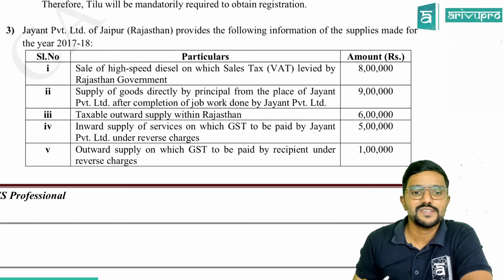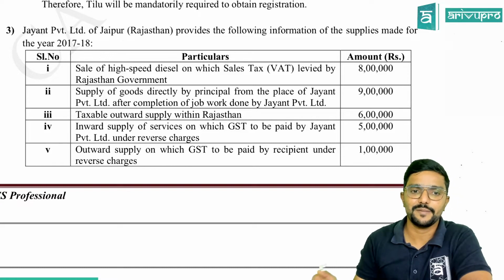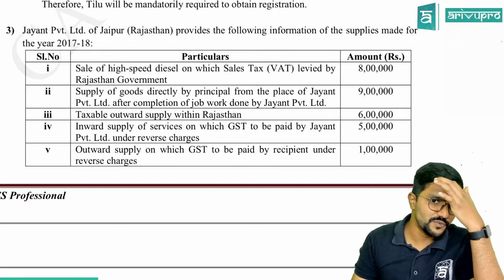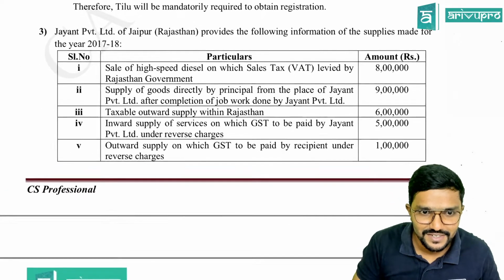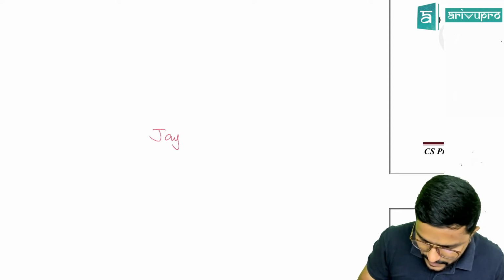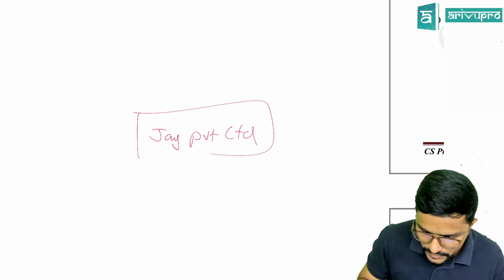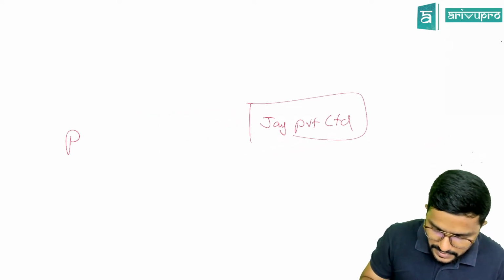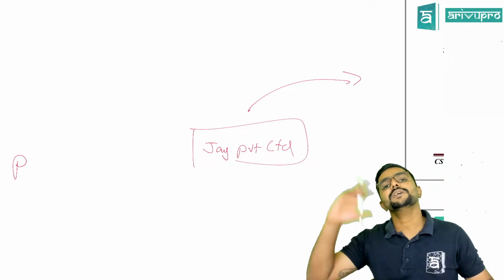Okay, sir. Supply of goods directly by the principal from the place of Giant Private Limited after completion of job work done by Giant Private Limited. Understand this transaction. Here, Giant Private Limited is a job worker. So there is a principal who supplied the goods directly from Giant Private Limited to his customer.